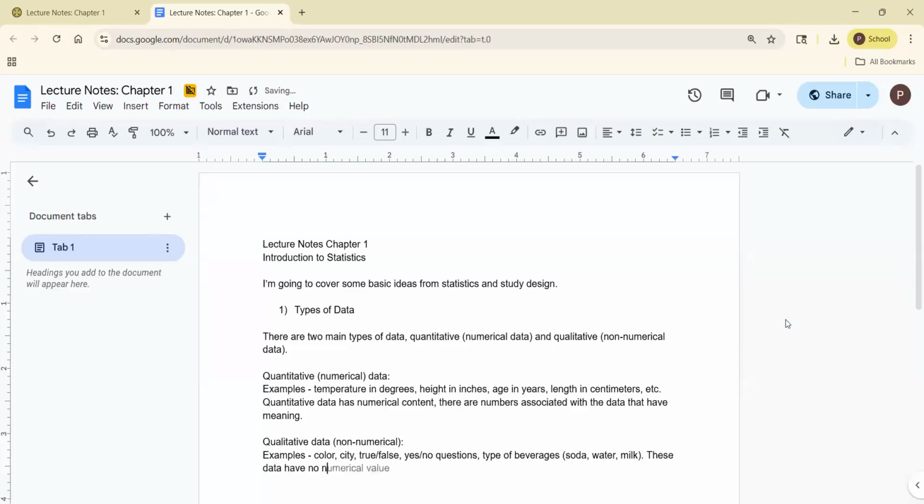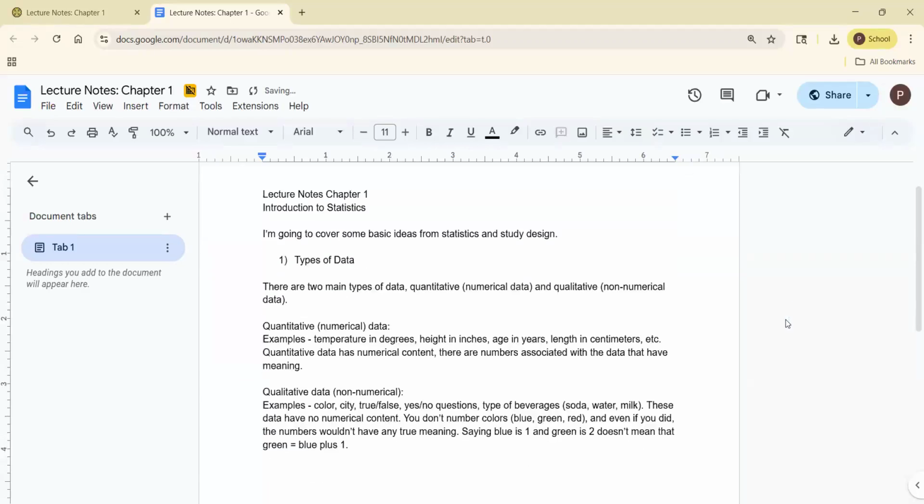These data have no numerical content. You don't number colors: blue, green, red. And even if you did, the numbers wouldn't have any true meaning. Saying blue is 1 and green is 2 doesn't mean that green equals blue plus 1. So those are our two main types of data.